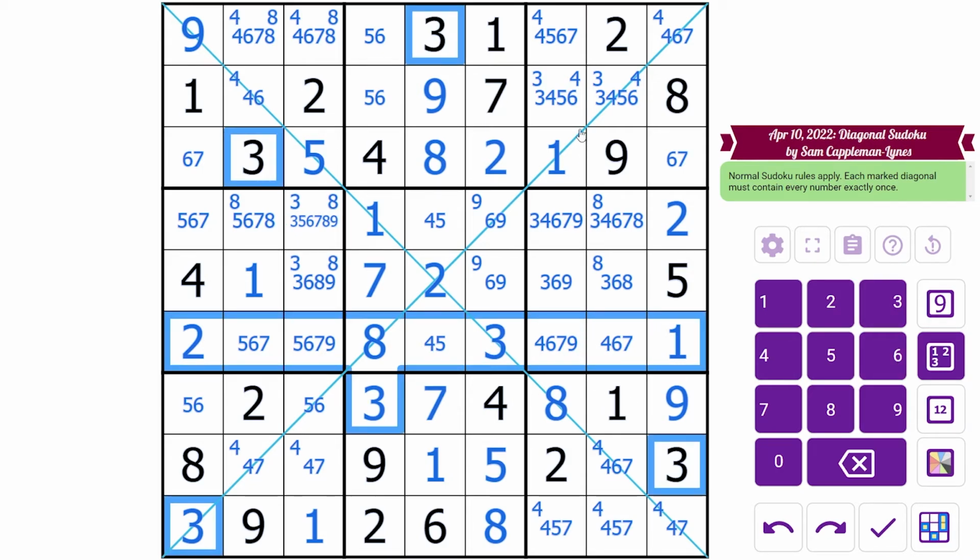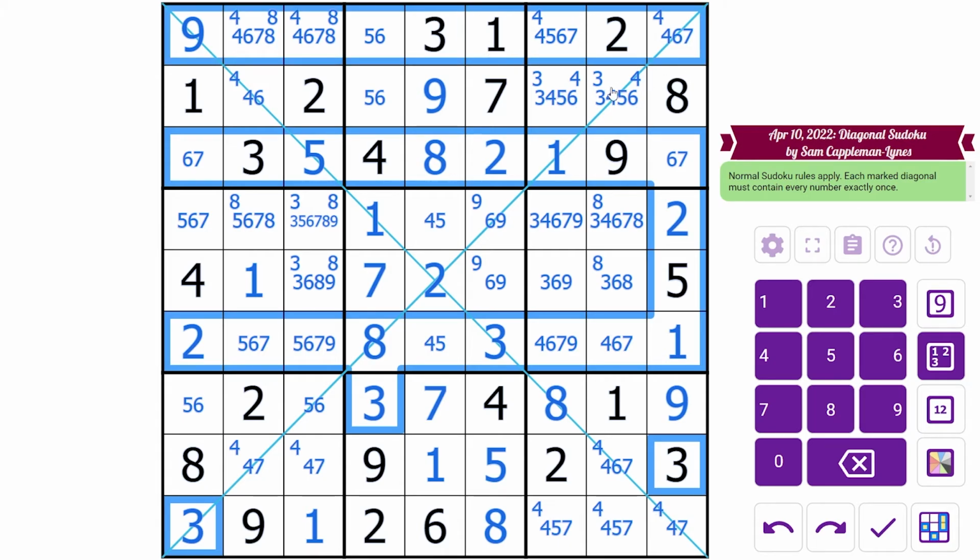And our 3 here has too many. This box has its 3, this has its 3, this doesn't have its 3. We know it's in one of those 2 positions. We have no way to narrow that down as far as I can see.